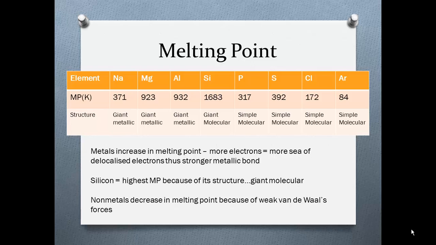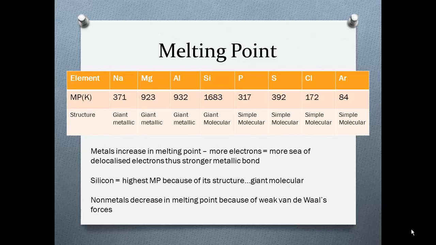Now, other non-metals, you can see they're decreasing relatively, and that's because of the weaker van der Waals forces. So since the size of them, the radii, are getting smaller, the intermolecular forces become weaker, and you have a decrease in melting point. The melting points become lower and lower, so it's easier to break those intermolecular bonds.